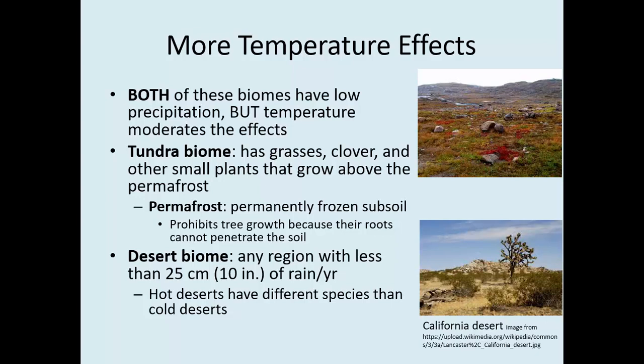Desert biomes are different. They get less precipitation than most, just like a tundra, so they get the same amount of precipitation, but evaporation rates in warm deserts are very high because of the hot temperatures and low humidity. And they don't have permafrost, so plants can put roots deeper into the soil, and so you're going to have very different plant species growing here.